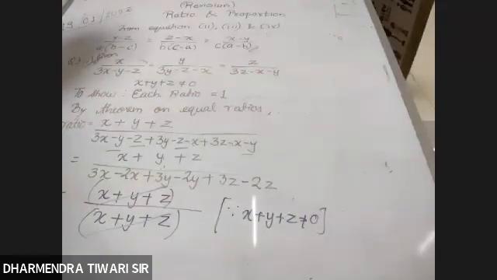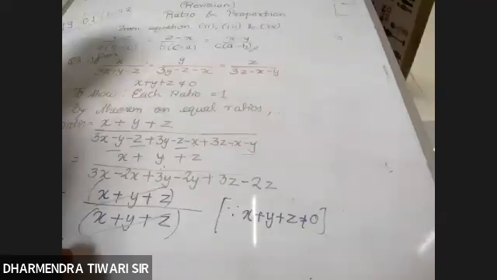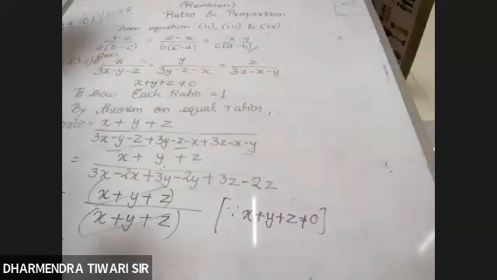So that should not be 0. This is the condition why they have given us x plus y plus z not equal to 0. So each ratio is equal to 1. So we have proved this.